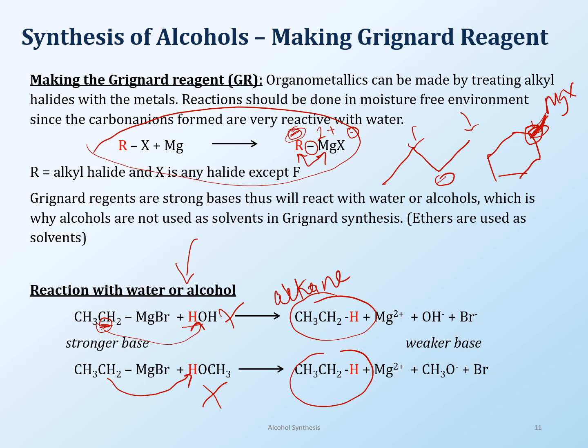No acidic proton whatsoever. Which means that the conjugate base of an alkane is going to be a very strong base. So this is the conjugate base. Okay, so it's an extremely strong nucleophile.